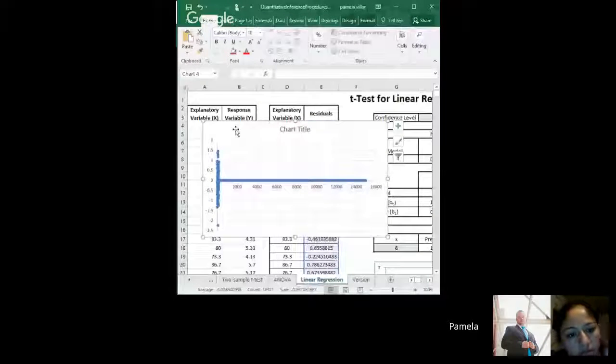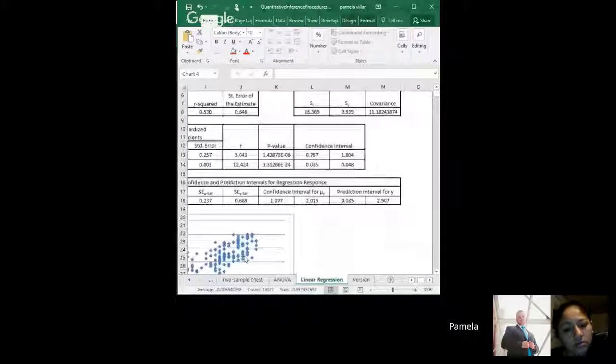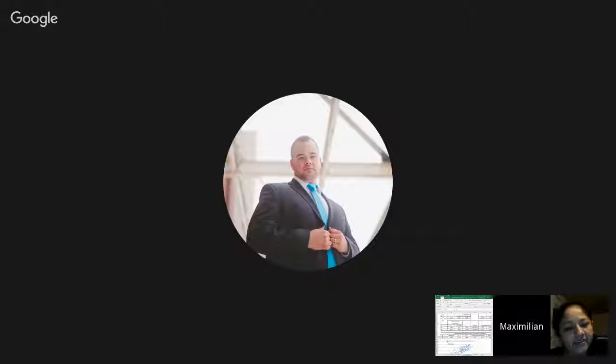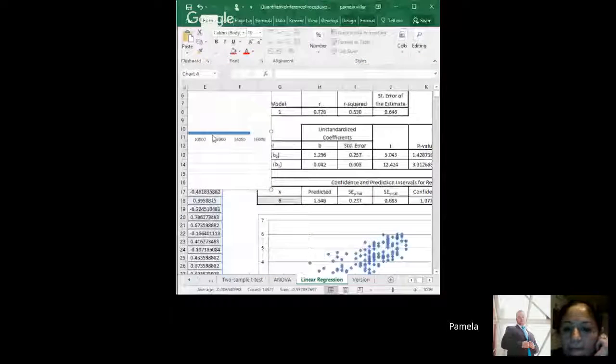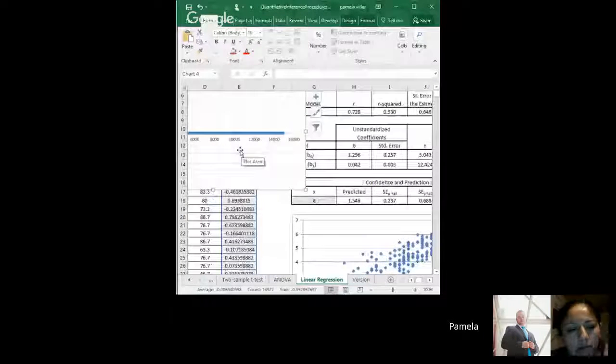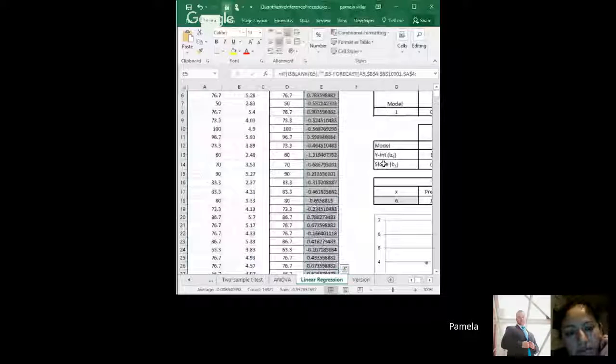And then are we supposed to make a different chart for the residuals, or do we just look at this chart? The lesson says how to do the residual plot, but I had a very different one than you have.